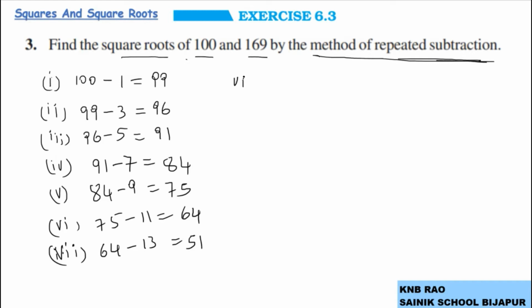In step number 8, from 51, 15 subtracted will give 36. In step number 9, from 36, 17 subtracted will give us 19.